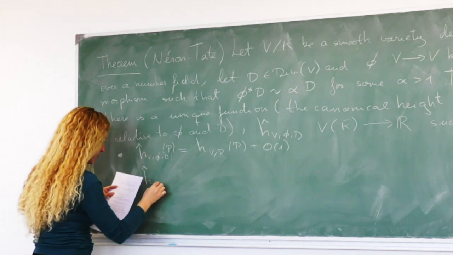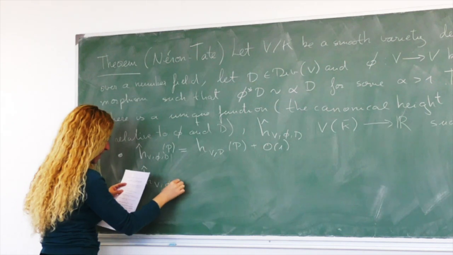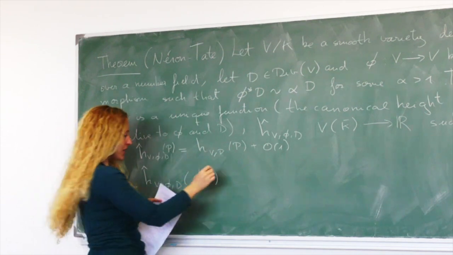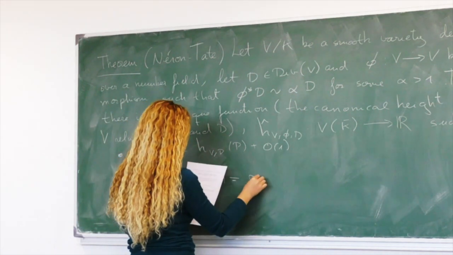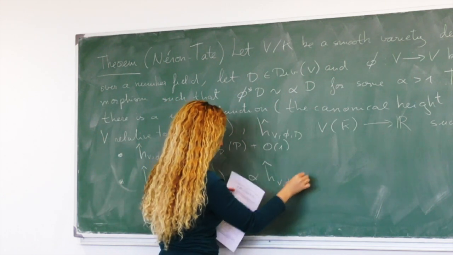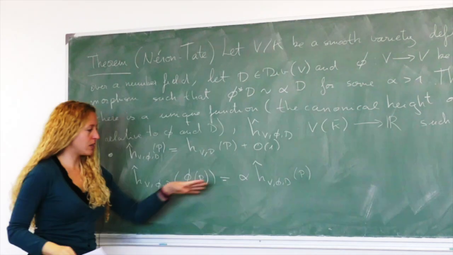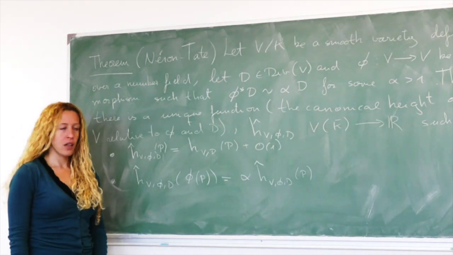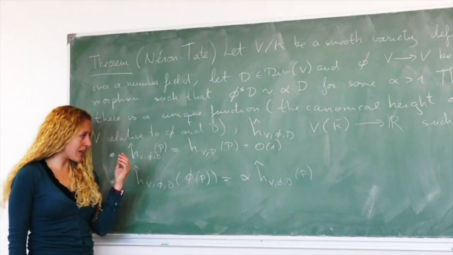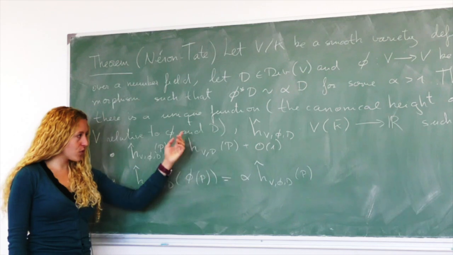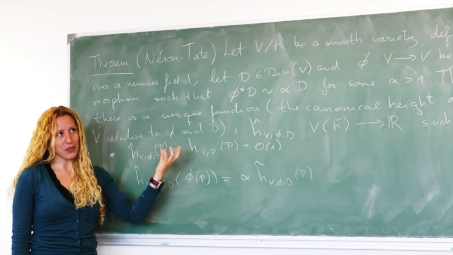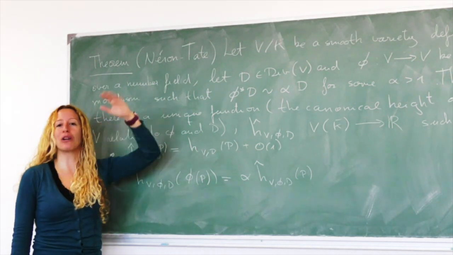So what is happening is that you can control the image of the height by the morphism like this. So no constant, really a multiple. So this is why we were looking for that alpha. So somehow we have some freedom. This height is well defined, but it depends, you can take it up to a constant.